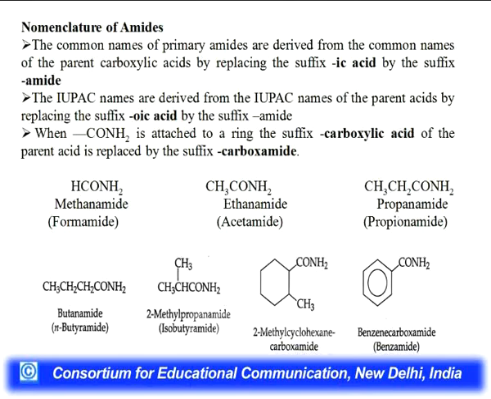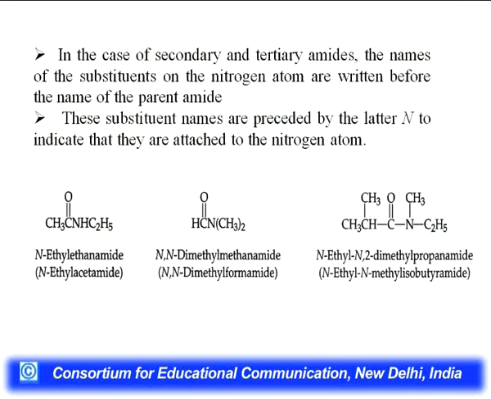Here are some examples. In the brackets, common names are given. Methanamide HCONH2, the common name is formamide. Ethanamide, acetamide. Propanamide, propionamide. Butanamide, n-butyramide. 2-methylpropanamide, isobutyramide. 2-methylcyclohexane carboxamide. Benzene carboxamide, benzamide. So you can see how the nomenclature has been done.